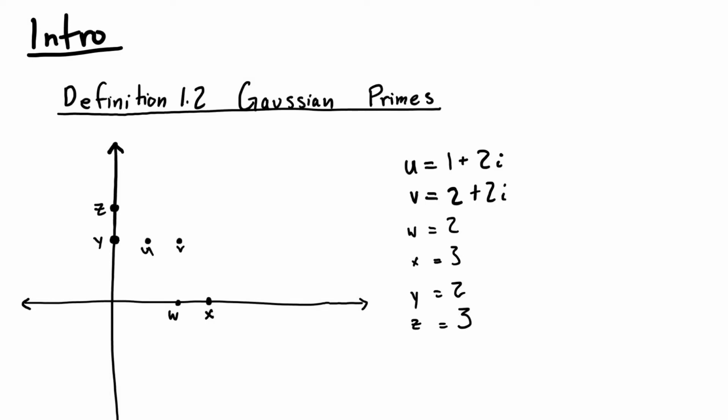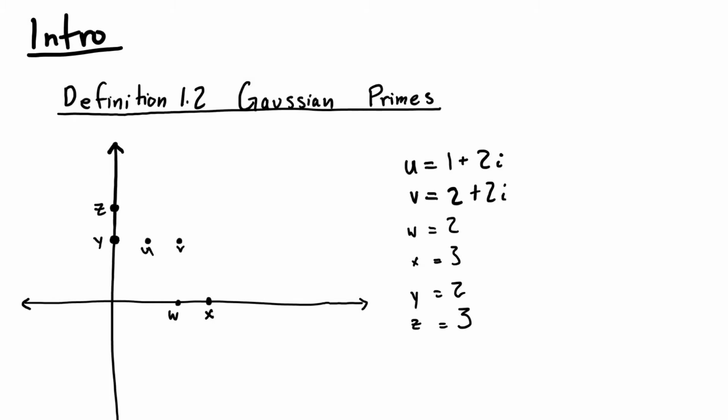If we're looking at some examples of these primes, let's first look at different ones that would satisfy or not satisfy the first requirement. For example, u equal to 1 plus 2i does satisfy it because 1 squared plus 2 squared is 5, and that is an ordinary prime. However, v does not satisfy either of these requirements, though both of its real and imaginary components are ordinary primes.